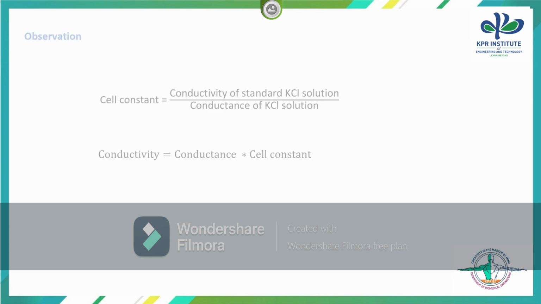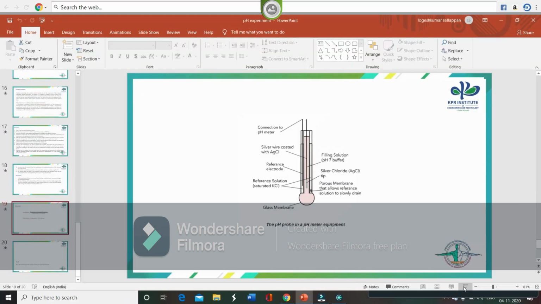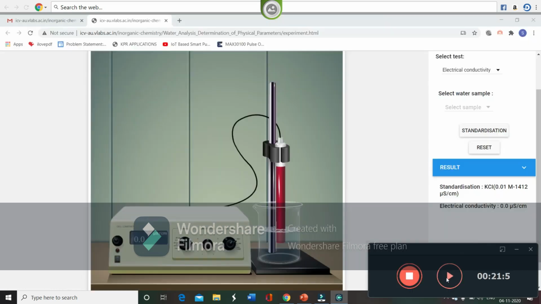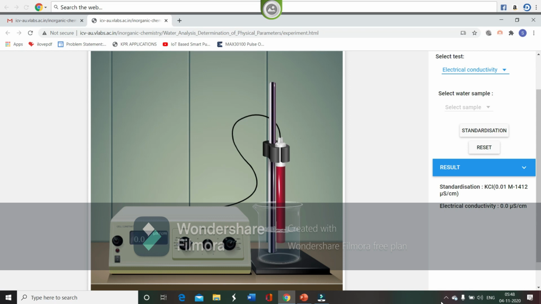Let's perform the experiment. Use KCl solution for standardization. Click on standardization and check the electrical conductivity of the given KCl solution.